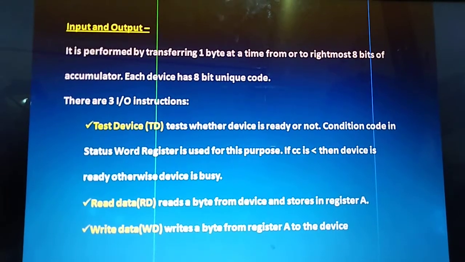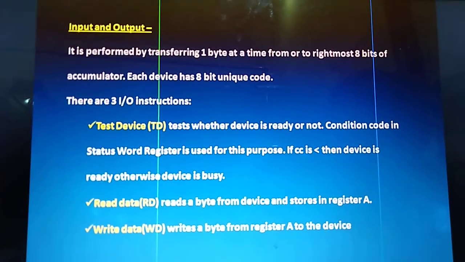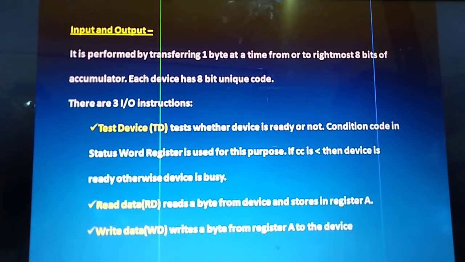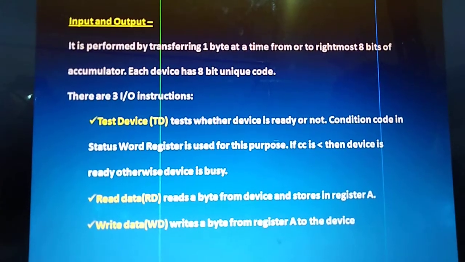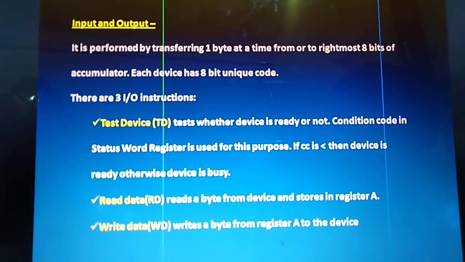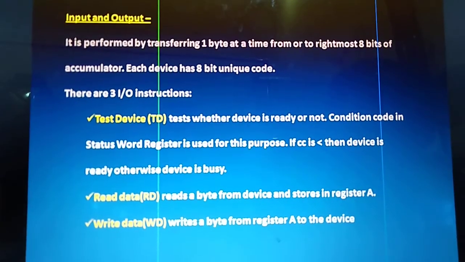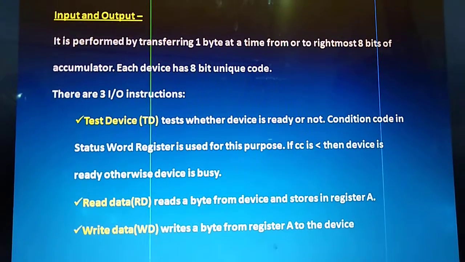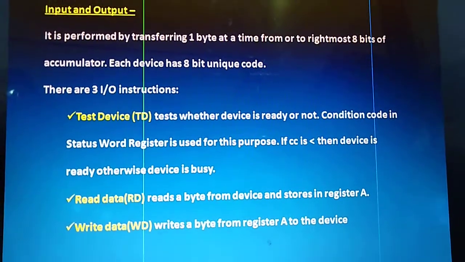Now, for input output, it is performed by transferring 1 byte at a time from or to the rightmost 8 bits of the accumulator. Each device has an 8-bit unique code, and there are 3 different types of input output operations: test device, TD, read data, RD, write data, WD.